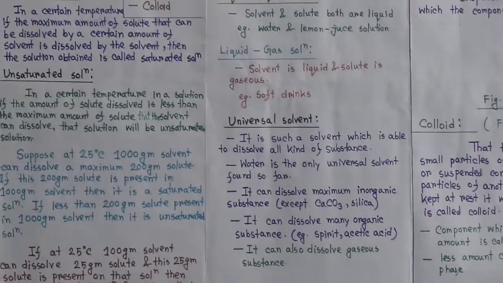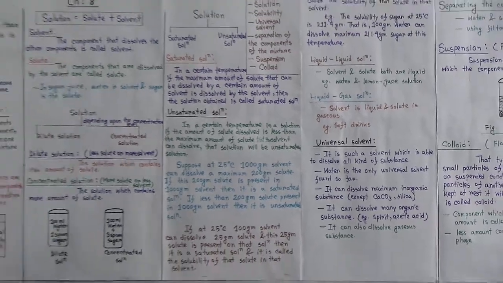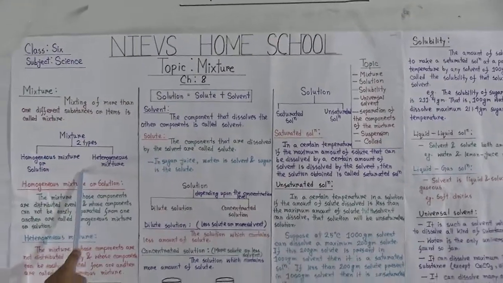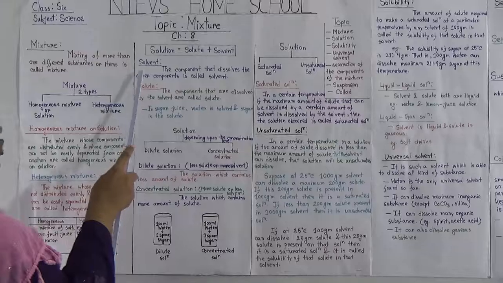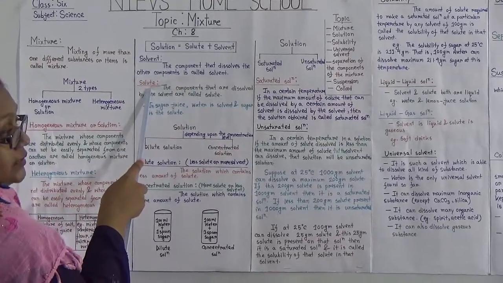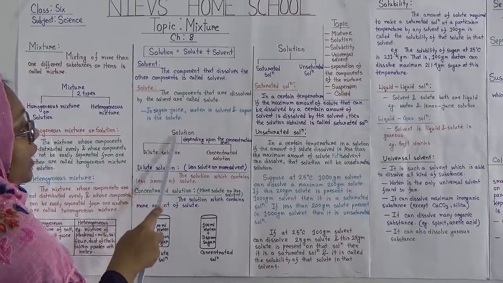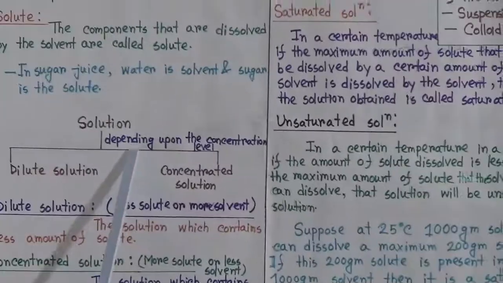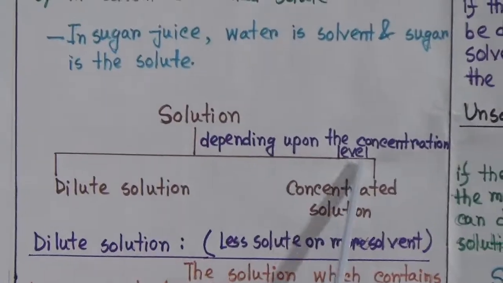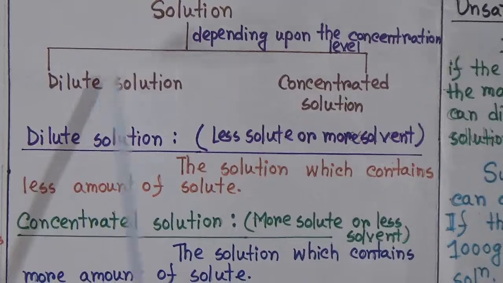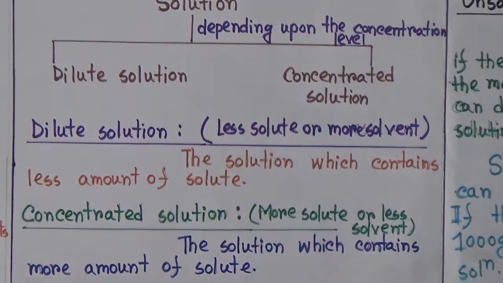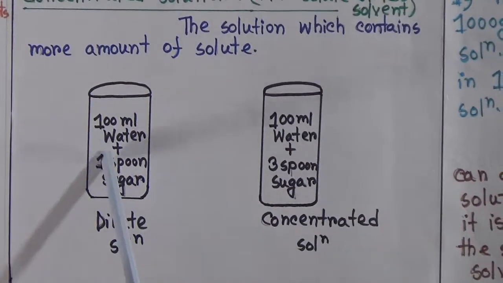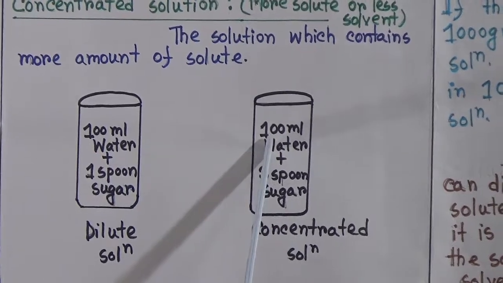We have finished our class today. Let's revise what we have learned. At first we have learned about mixtures, different kinds of mixture. Then we have learned about solvent, solute and their differences. Then we have learned about solution. Depending on the concentration level, there are two kinds of solution, and we have prepared two kinds of solution, dilute and concentrated.